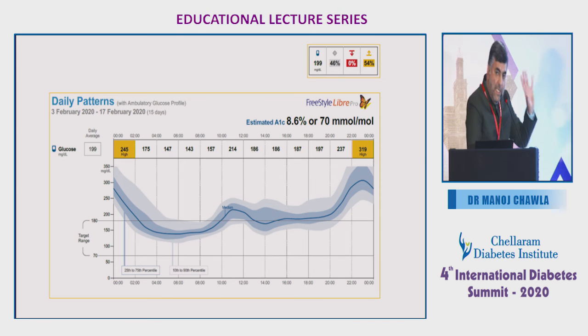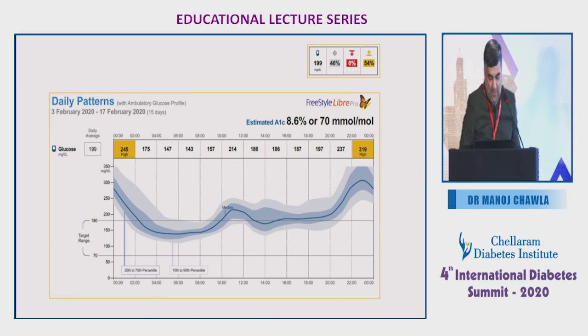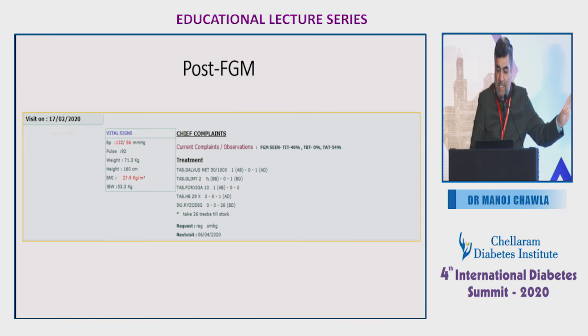If we were to call it interday and intraday variability it may be more confusing, and hence variability is kept for interday and stability is kept for within the 24-hour variability, right?